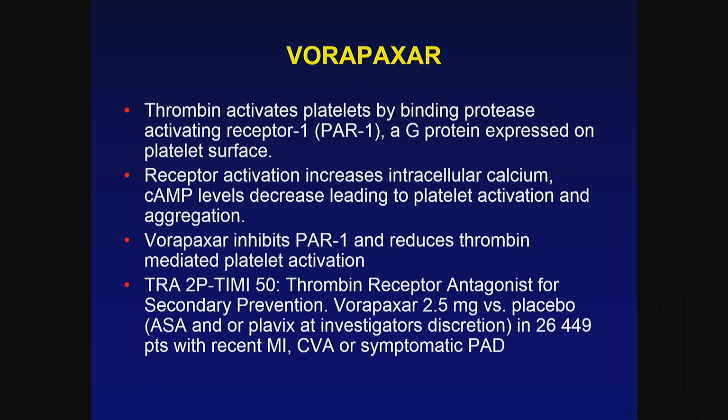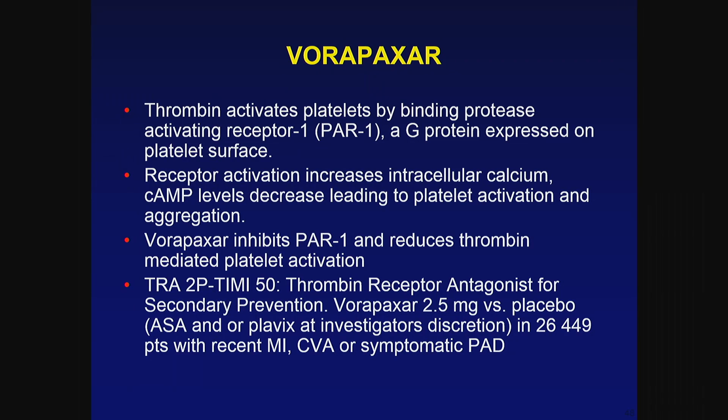Vorapaxar, for example, an inhibitor of the protease activating receptor 1 and an antiplatelet agent by virtue of reducing thrombin mediated platelet activation, was investigated in the TRA 2°P-TIMI 50 trial, used for secondary prevention of cardiovascular events in over 26,000 patients who recently suffered myocardial infarction, stroke, or who had symptomatic peripheral artery disease.